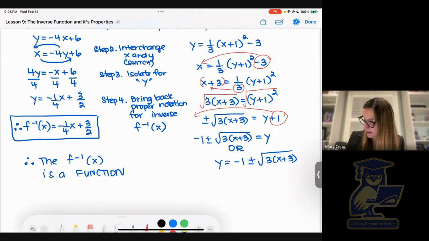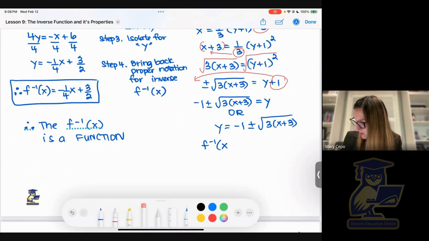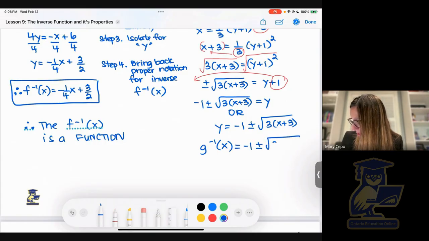Okay, and don't forget, last and final step, and that's very critical, to bring back proper notation. So it's going to be f inverse of x. Well, by mistake I put f. Our original function was g at x, so we're going to say g inverse of x is equal to negative 1 plus or minus the square root of 3x plus 3.